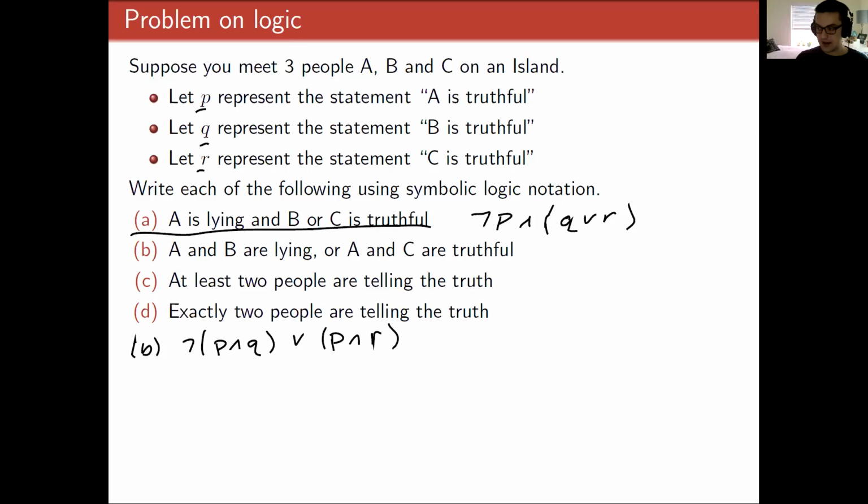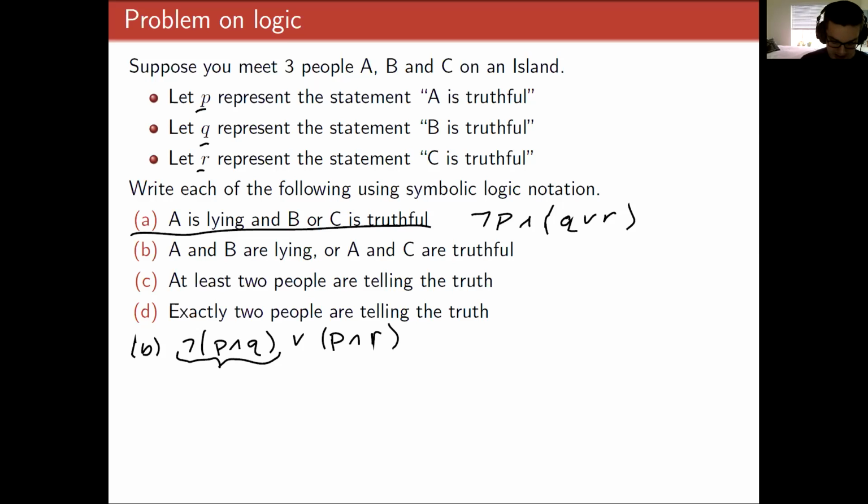So one thing to know is, let's look a little bit more closely at what's going on with this part of the statement here. This is saying it's not true that both A is truthful and B is truthful.